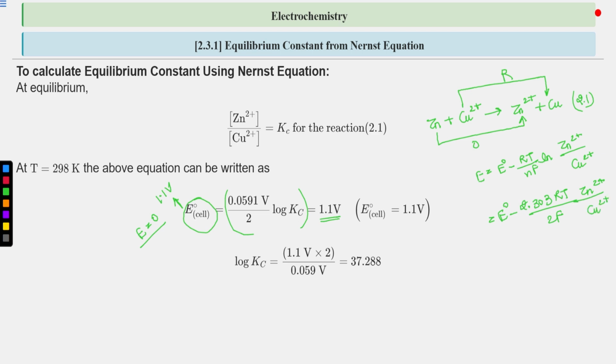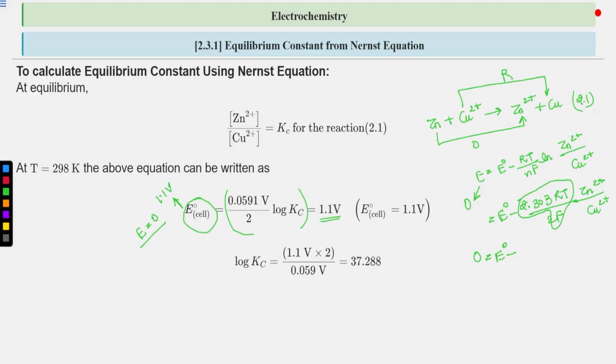Now at equilibrium, when the equilibrium is attained in the Daniell cell, the E of cell will become 0. So 0 equals E naught minus, now you can solve this term. How?